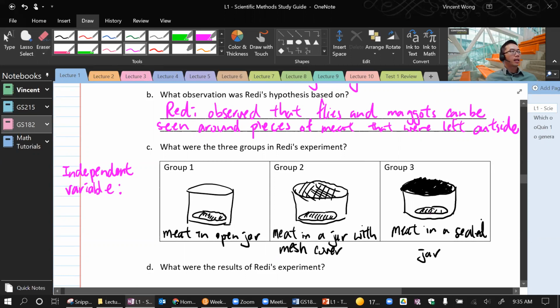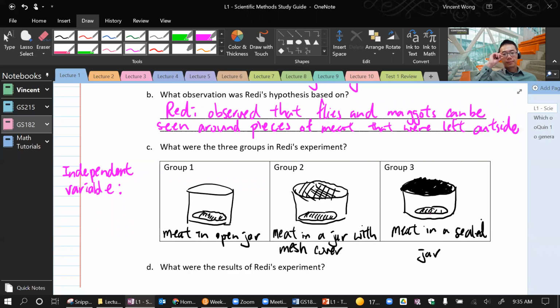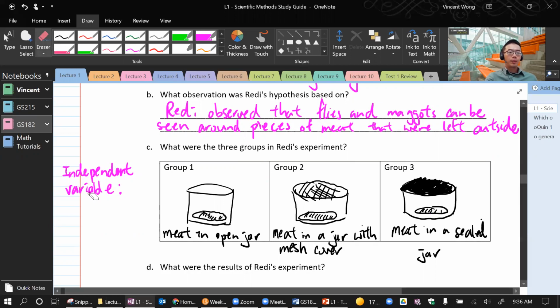What is the thing that he deliberately changed? Where he would place the meat? The lid? Yeah, the lid would be it as well. He placed the meat in the jar, right? But it's the type of lid, type of covering, that would be the independent variable. So good. So type of jar.